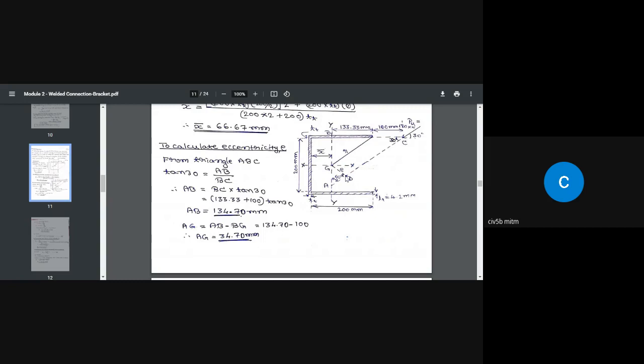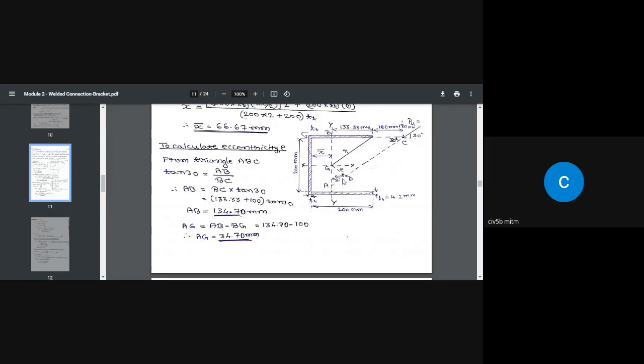Again, remember, eccentricity is the perpendicular distance drawn from the centroid to the line of action of the force. In the previous examples, the load was vertical, so there was no problem. Even in the previous examples, from G we used to draw a line perpendicular to the line of action of the force.